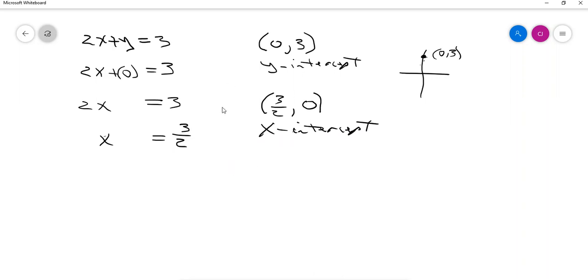So these are some special points. They're good to know, and we use them in statistics. We like those points, just like they do in algebra. Let's graph this thing. 3/2, comma 0. So go out to the right from the origin, comma. I don't go up or down. My y is 0. So I could graph this thing, right?